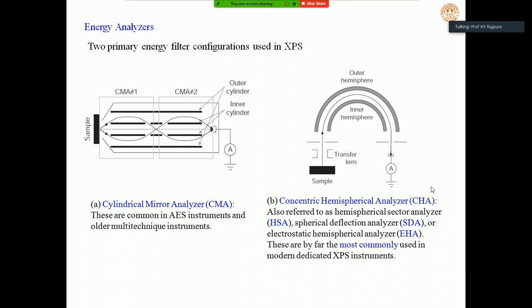Of course, in literature and in other books, they have given three types of analyzer: the concentric hemispherical analyzer and the cylindrical mirror analyzer.